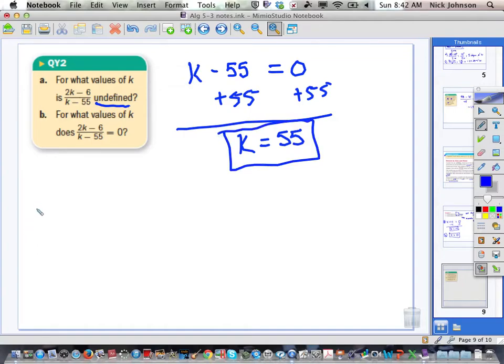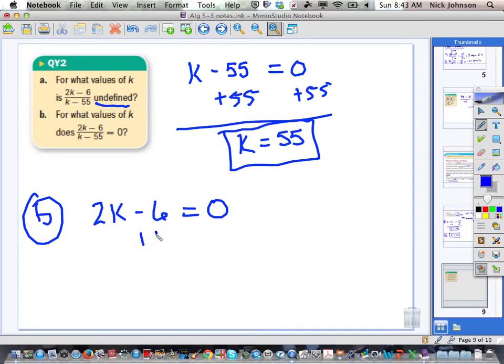So there's A. B says, for what values of k would make that expression equal to 0? Well, now I got to set my numerator equal to 0. So 2k minus 6 is equal to 0. So solve for k. It's just a two-step problem.